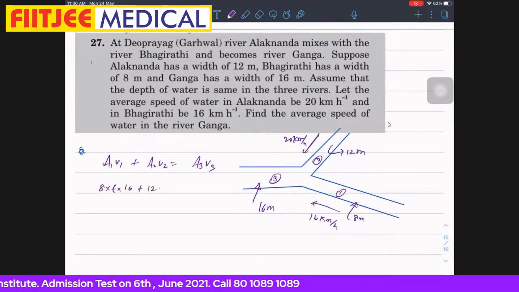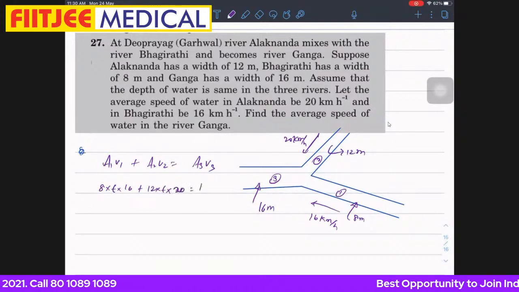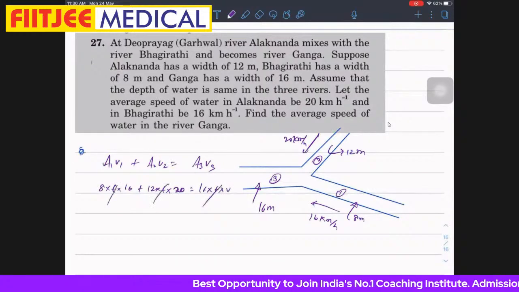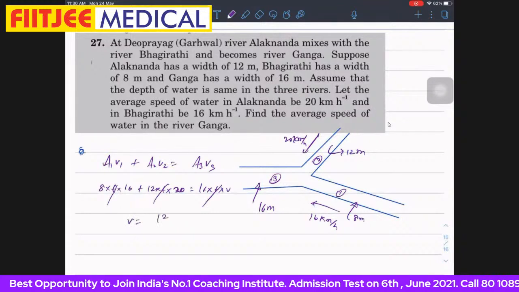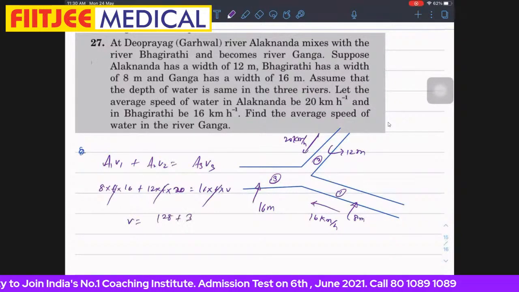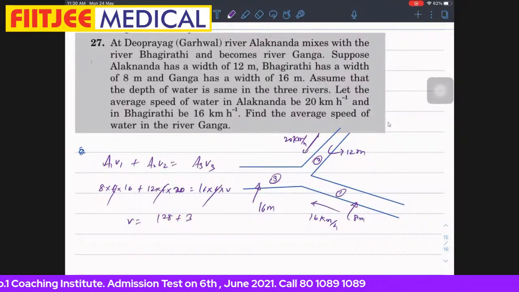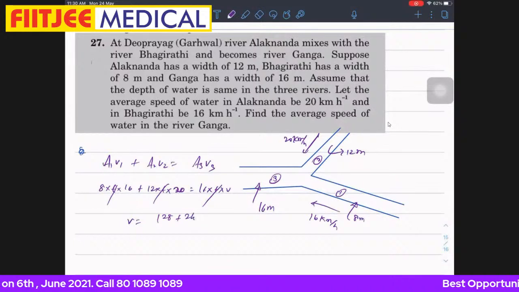A2 I can write 12 into T into 20. This I can write 16 into T into V. So T will be cancelled out. So V I can write 128 plus 12 into 20, so 240, divided by 16. So this will become our velocity.